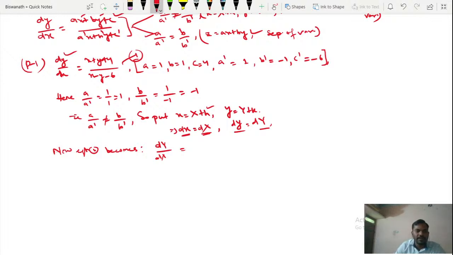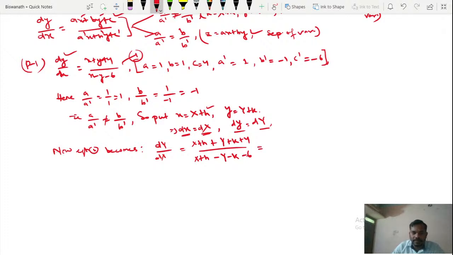Now d capital Y by d capital X is equal to (x plus y plus 4). In place of x I will put capital X plus h, and in place of y I will put capital Y plus k, then plus 4, divided by capital X plus h, then capital Y minus k, then minus 6.